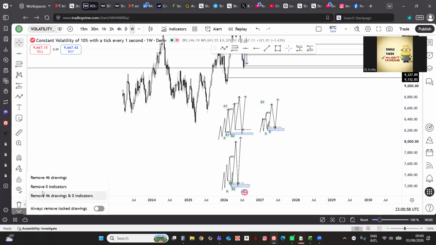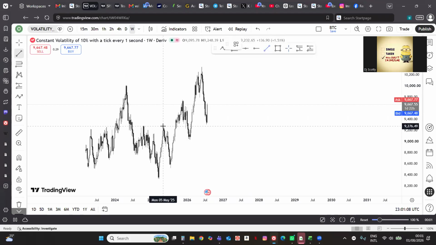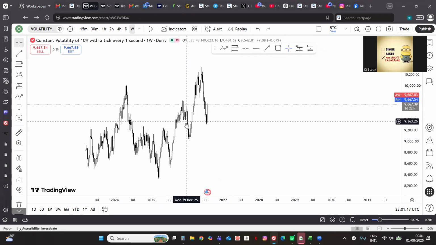Let's delete all of this. Right? So if we are following this market the way it is now, where we see that there's a sweep of liquidity, there's a high here, right? So this is an A, this is a B, right? And then this is where we have a sweep of liquidity.